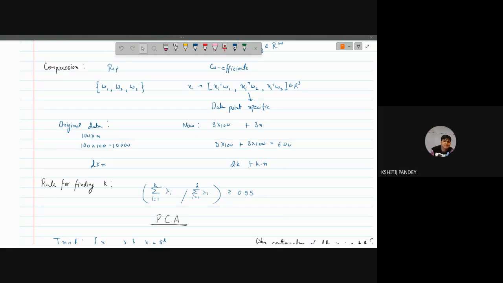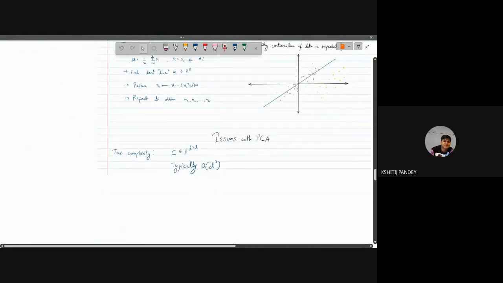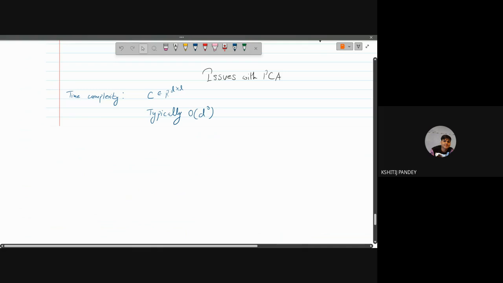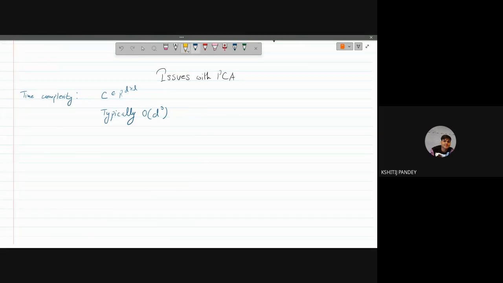Okay, now where were we? Yeah, we were on the problems, the issues of PCA. So the next problem is that the data may not be in a linear subspace.